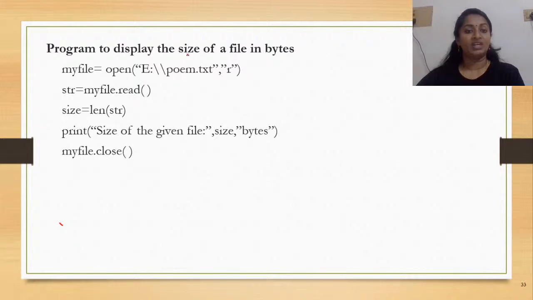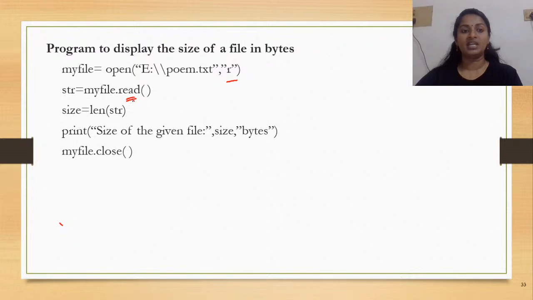So we are going to find out the size. Naturally, the file should exist. It should have content, and you will have to open the file in the read mode. Only then each of the characters or the contents of the file could be taken, stored somewhere, and then you can calculate the size, right? So we are going to use the read function since we are going to calculate the size.